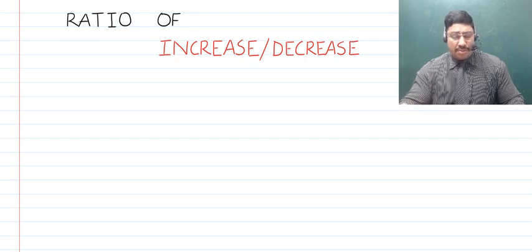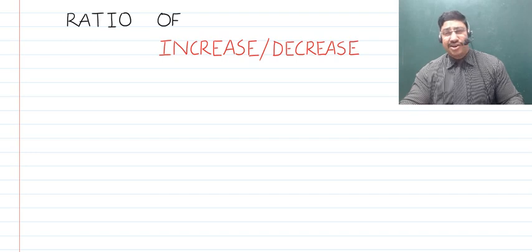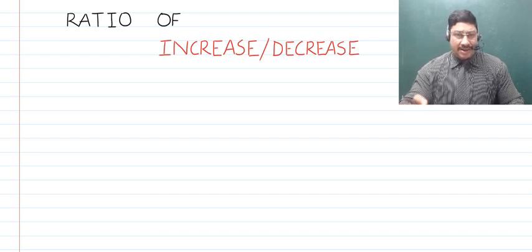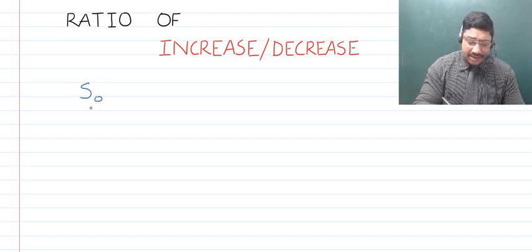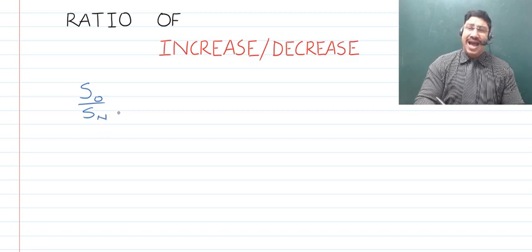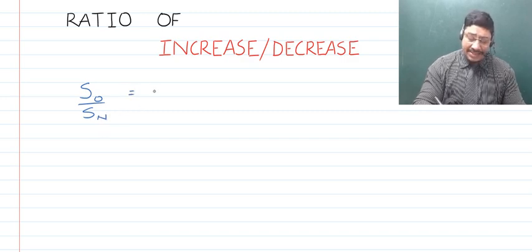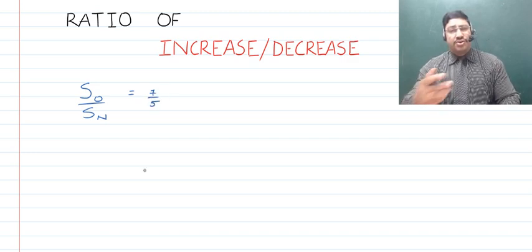Now, when we talk about ratio of increase or decrease, sometimes a ratio is given to you in accordance with which a physical quantity either increases or decreases. Here we'll be studying that in detail. Let's say there is the salary of a person, and from what it was earlier to what it is now has been given as a ratio, let's say 7/5.